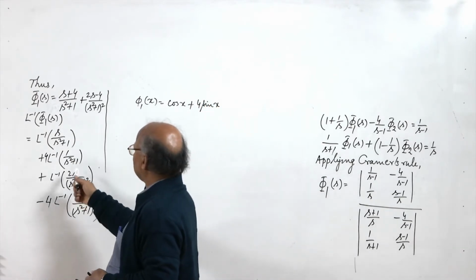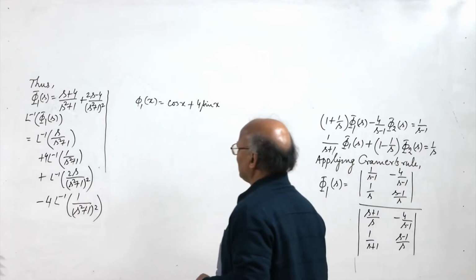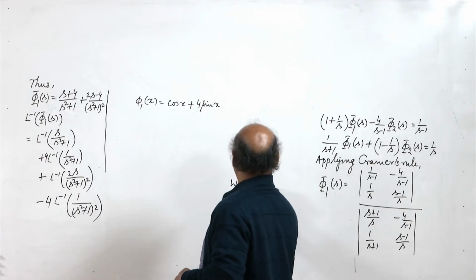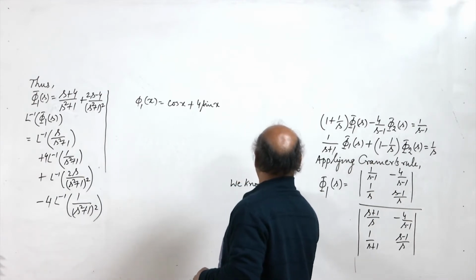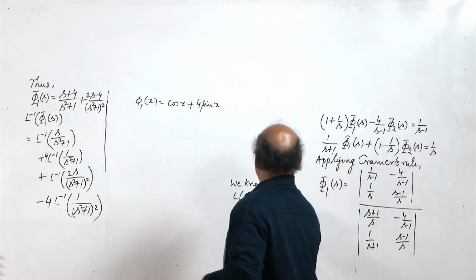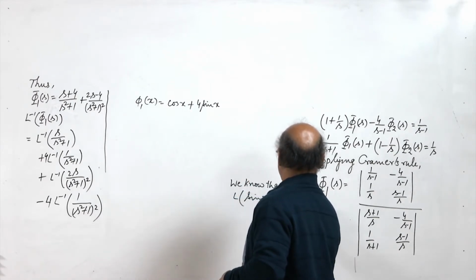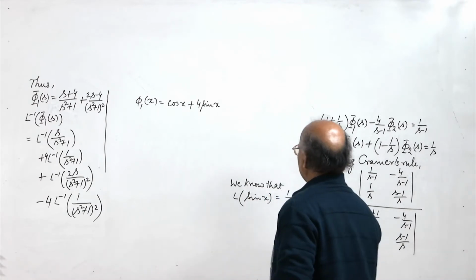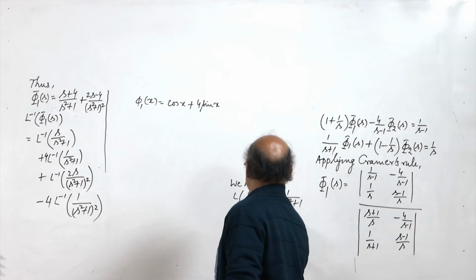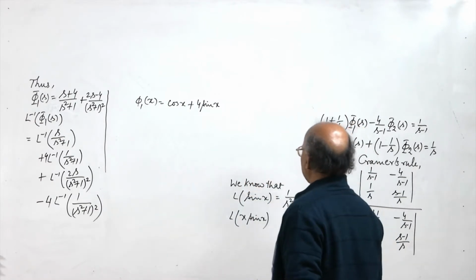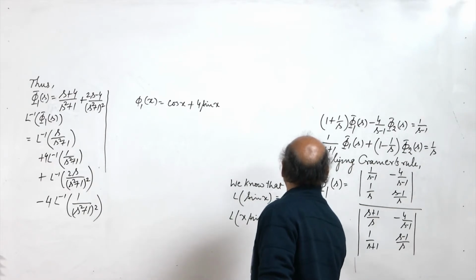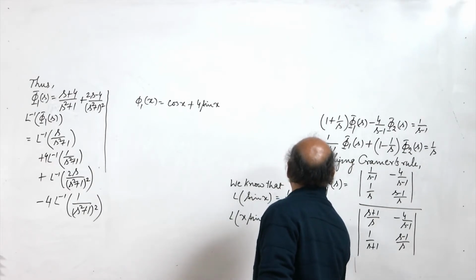Then inverse Laplace transform of 2s upon s square plus 1 whole square, let us get. Now we know that Laplace transform of sin x is 1 over s square plus 1. So when you multiply by x, Laplace transform of x sin x is minus d over ds of 1 upon s square plus 1.